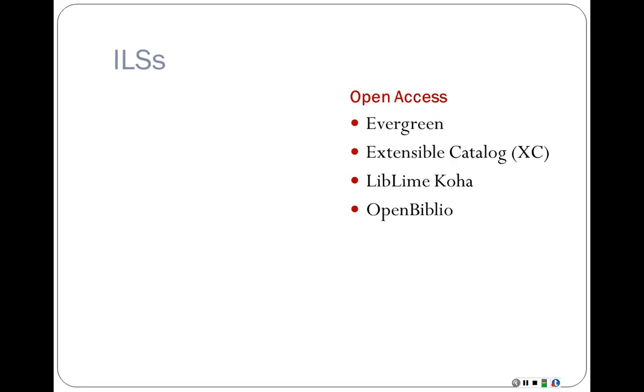For OPACs, this usually means being able for the user to write reviews of the resources, add tags, post their favorite resources to Facebook, link them to a blog, etc. Additionally, you'll want to make sure that the vendor has upgraded the product to be compatible with RDA record elements, and has already implemented or is planning on implementing a FRBRized display, and is also planning on moving toward a linked data environment. Those things are really essential: Web 2.0 functionality, RDA compatibility, FRBRized display, and moving toward a linked data environment.